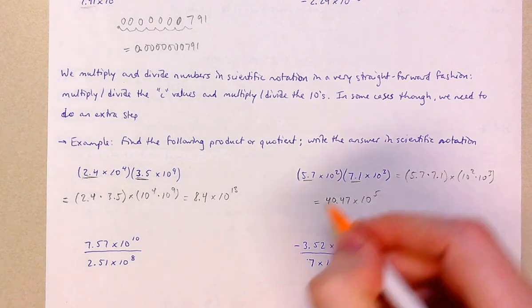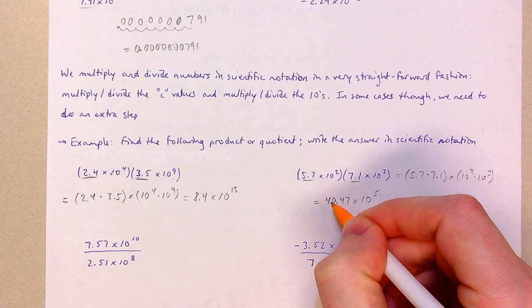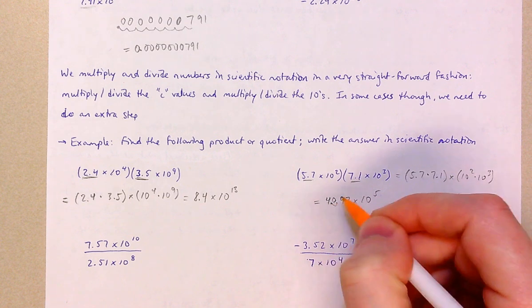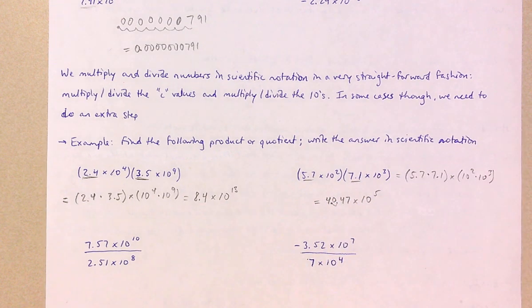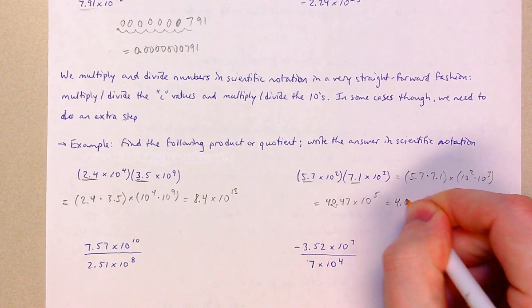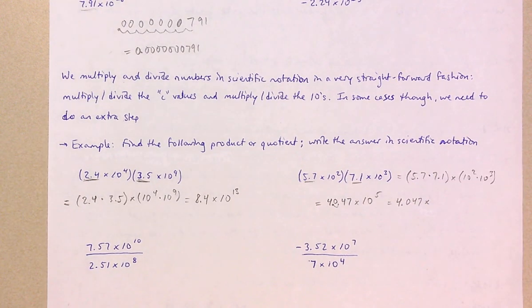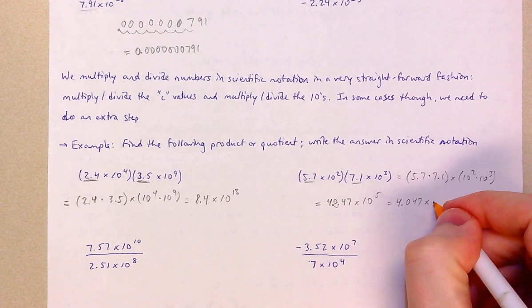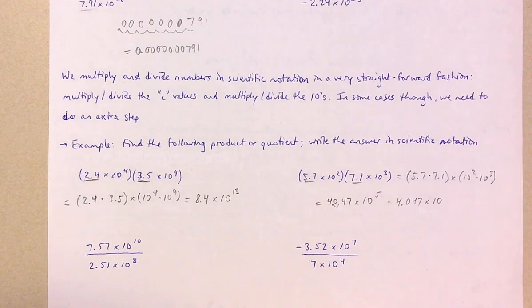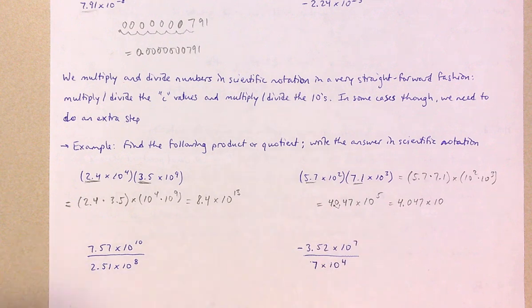Now we can clearly do that by just taking this decimal point and moving it over here. If I move it one place to the left, then that would give me 4.047. And that part's good. But because we moved this decimal point over here, since we moved it to the left, that's going to impact the power that we have on our 10.